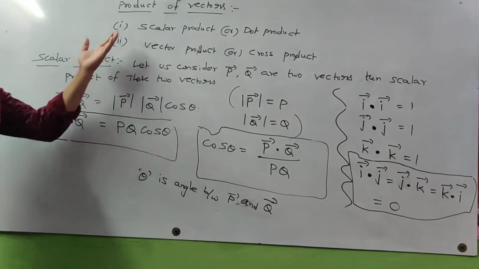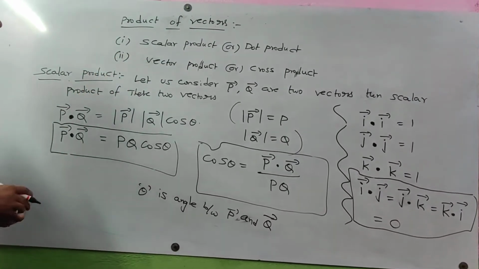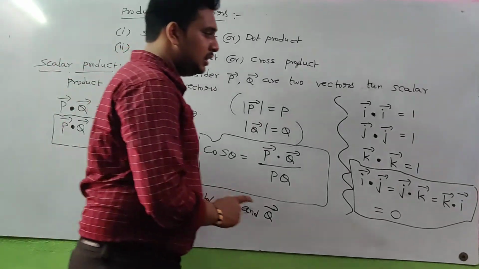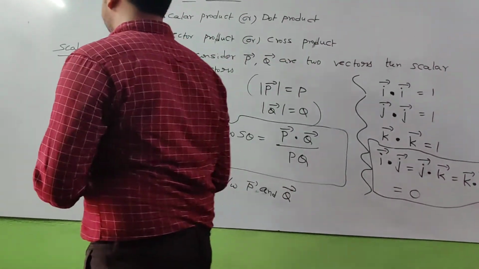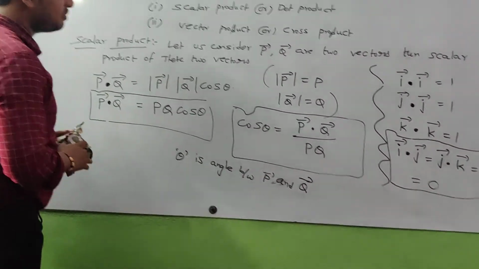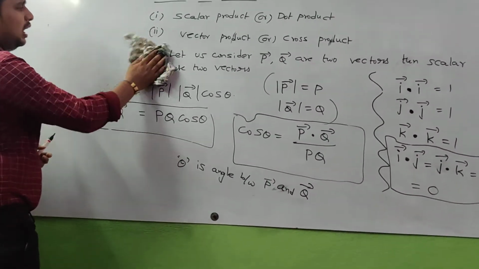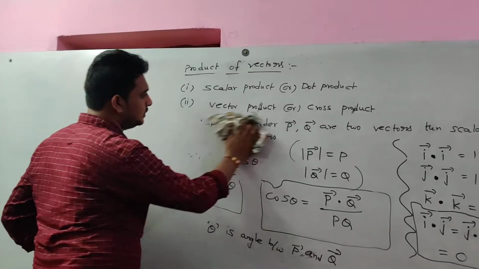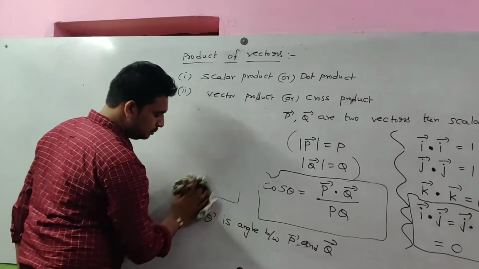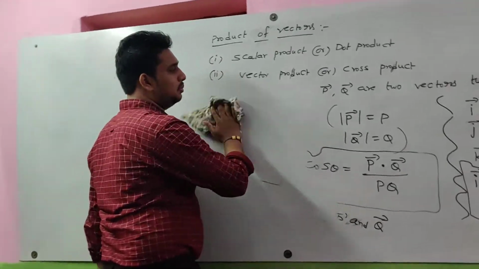Next we discuss vector product or cross product. Before going to discuss the vector product or cross product, we discuss a small example problem based upon this scalar product.